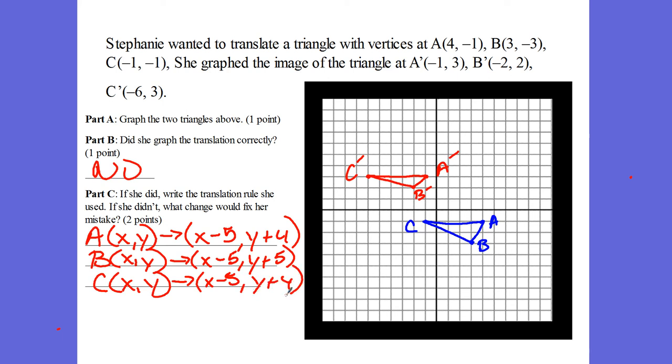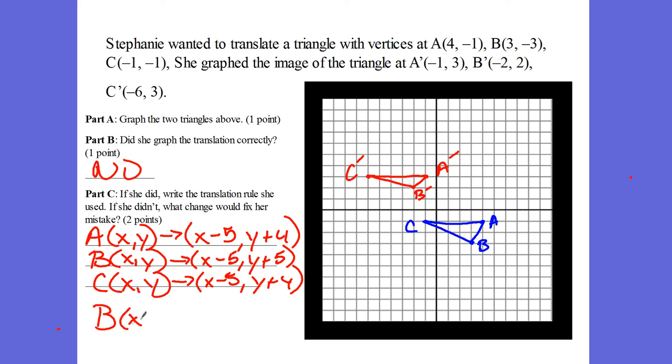So one of these things is not like the other. One of these things is wrong. So we did the translations, right? But which one of those is wrong? B, because it's not the same, right? So if she didn't get it right, what will we change to fix her mistake? So B should be Y plus 4, right?